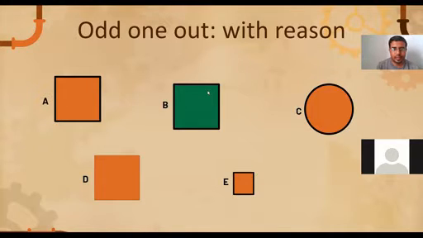Okay, so I see answers as B, C, D. And the reason for B is that the color is different. For C, it is a different shape. For D, no outline. Okay, so these are the answers. Any other answer?